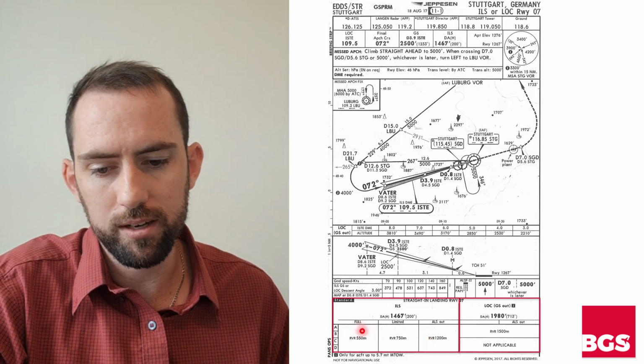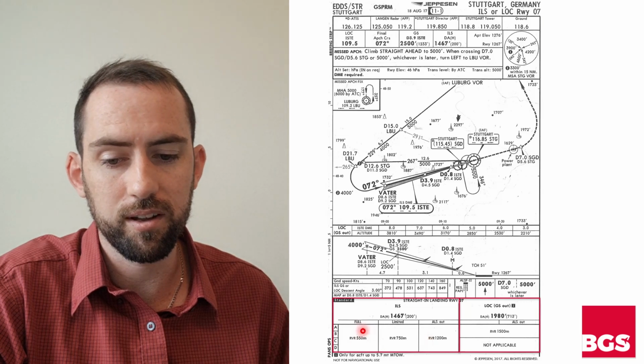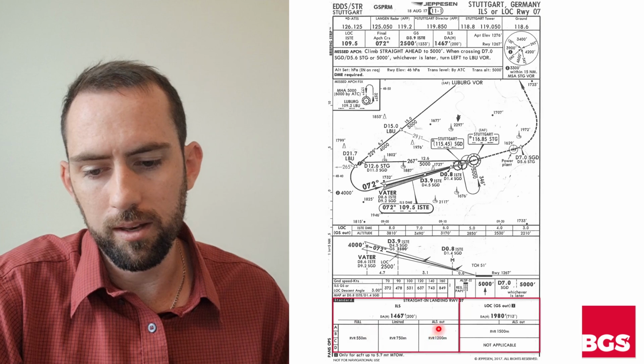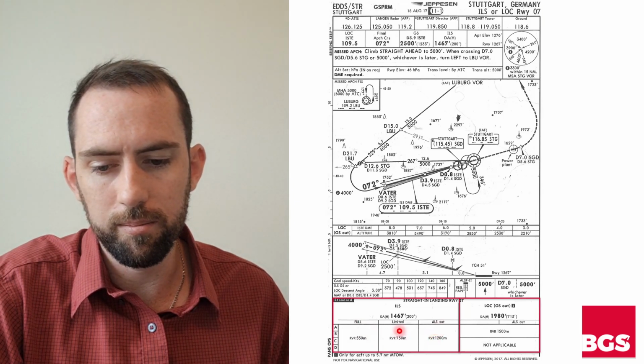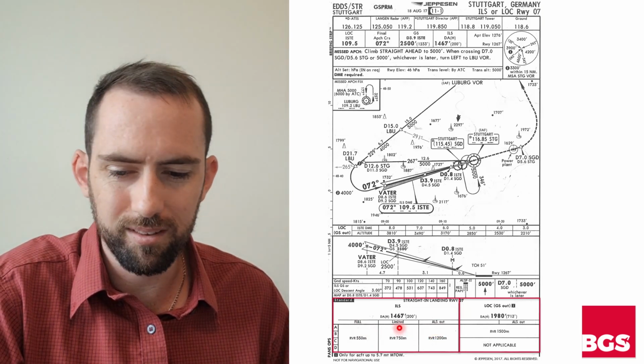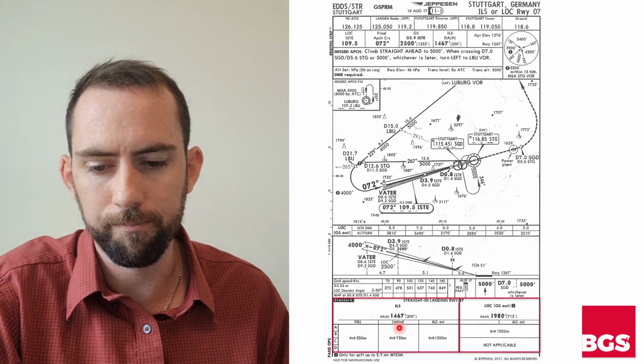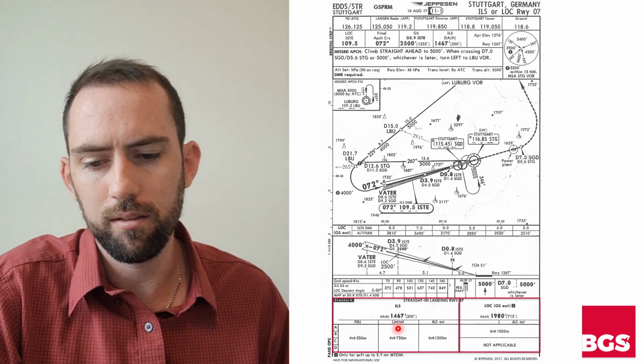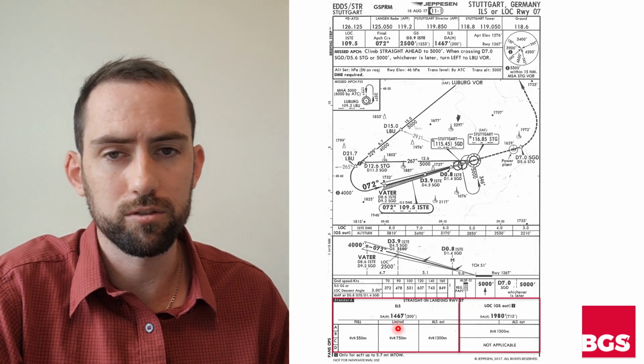If your approach lighting system is out, then your RVR will be 1,200 meters. And then the limited section in the middle, it's a little bit complicated, but basically if the system has been downgraded, then you require an RVR of 750 meters.